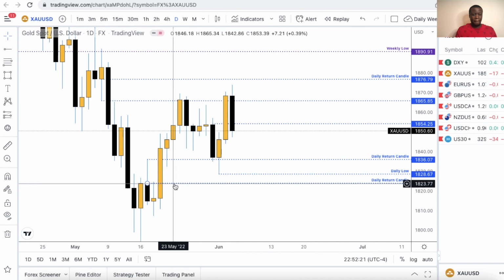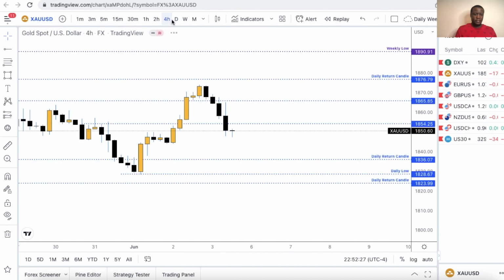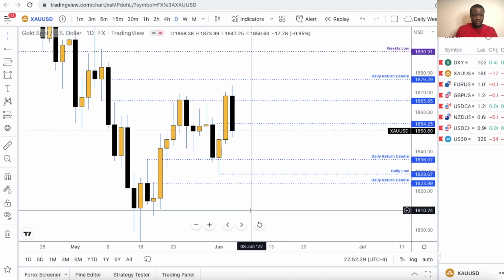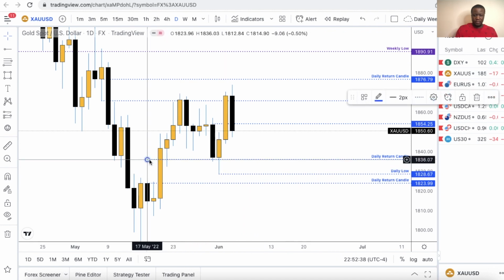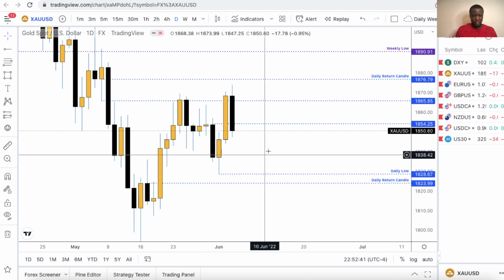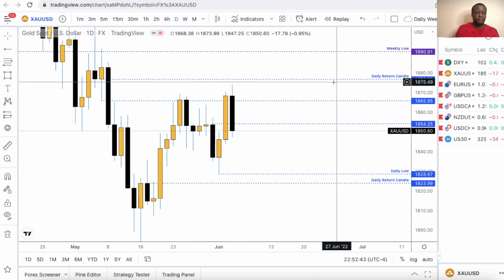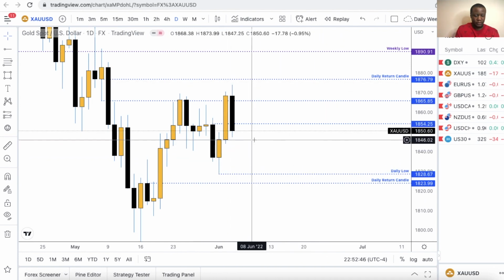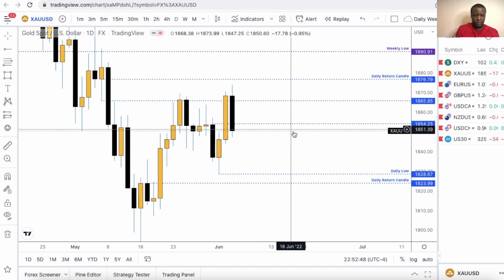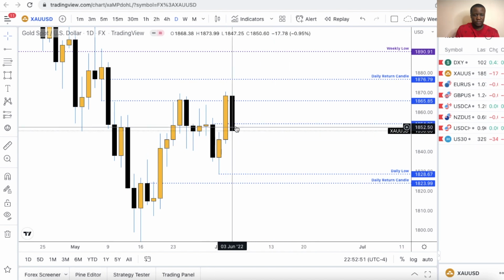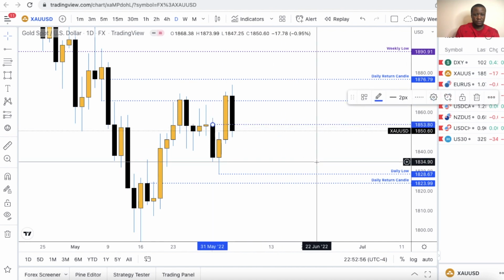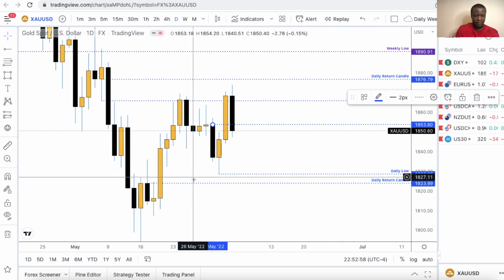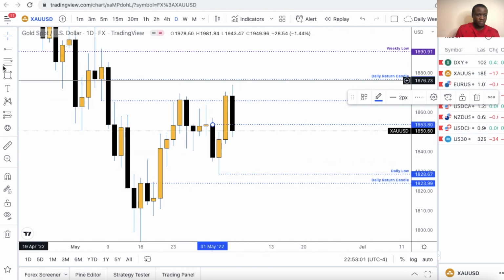All right, so daily, 4-hour, let me check if I got all the daily levels. So we got the daily low. I'll actually remove this one because you already saw that that's what it did, but we got this low right here. Got this return candle. Do we have any gaps? We have this gap right here, so I'll mark it off.